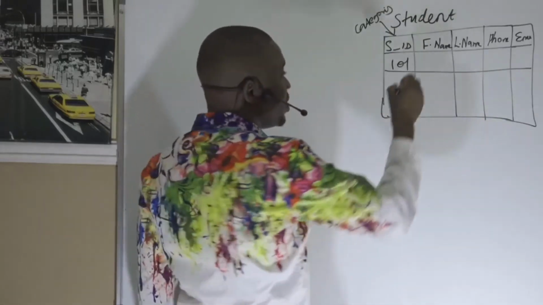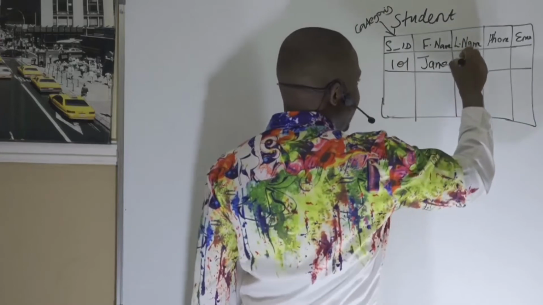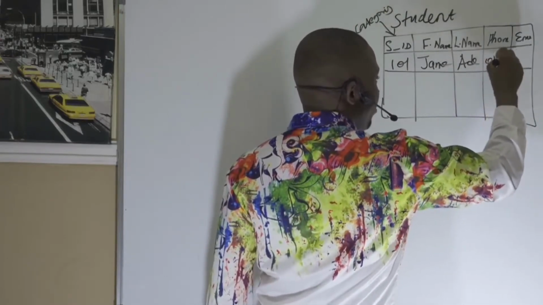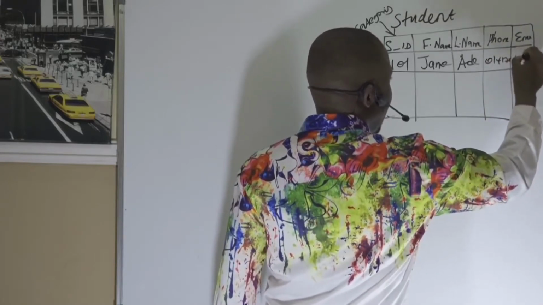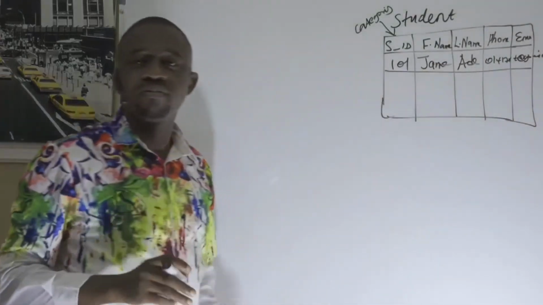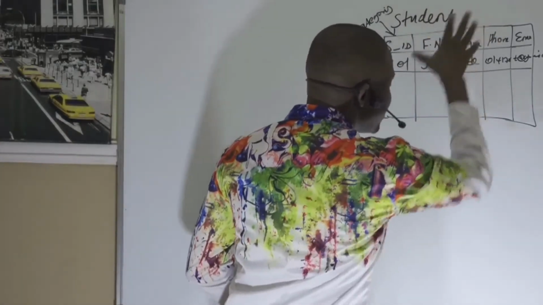His first name is James. The last name is Ade. His phone number is 014176, whatever. And the email is t@gmail.com, whatever. This is an instance of the student table.